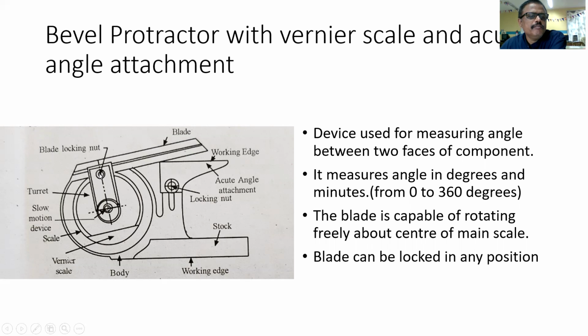Here you can see the blade locking nut; using it, the blade can be locked in any position. Then the other important parts are the stock, that is the workpiece, the work edge, the main body, the vernier scale, and the main scale. This circular one is the main scale. So these are some important parts of the bevel protractor.